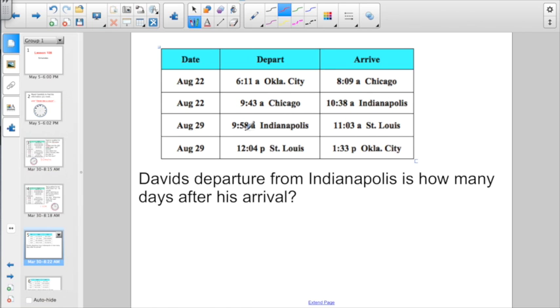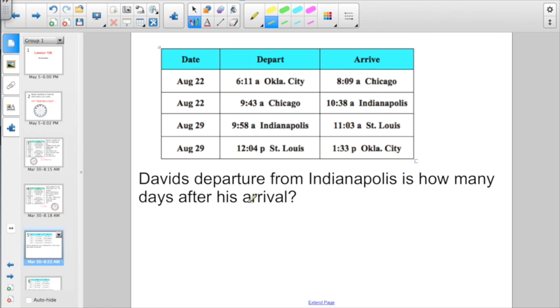He's got to board a plane in Indianapolis and he's going to fly to St. Louis. But if he wants to get back home to Oklahoma City, he has to change planes at St. Louis, and that will finally take him back home. So David's departure from Indianapolis is how many days after his arrival?